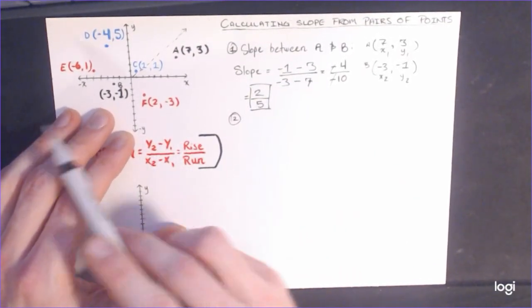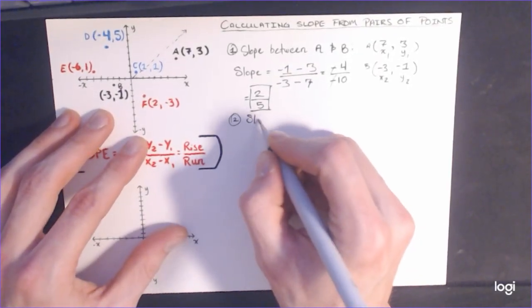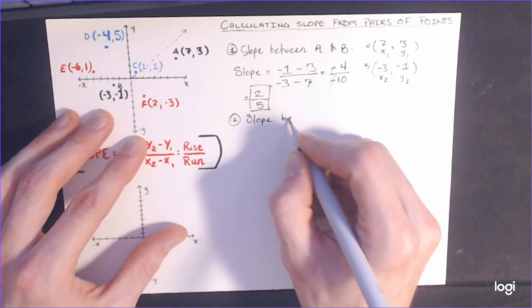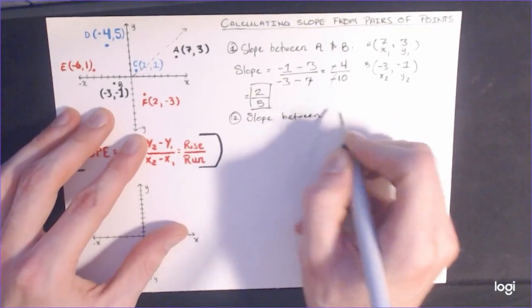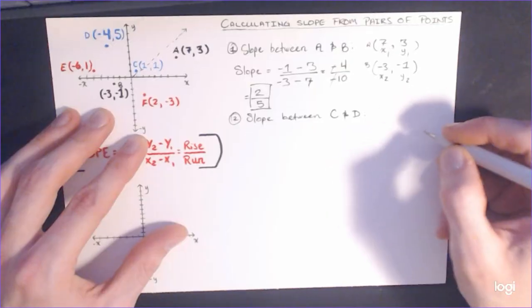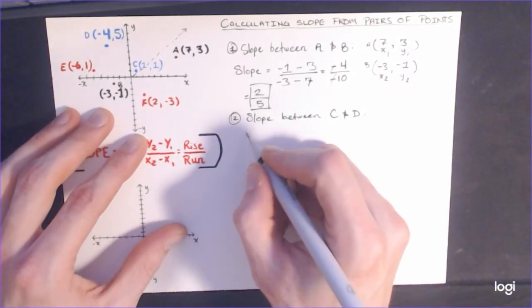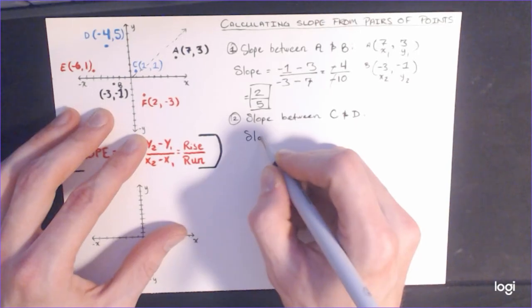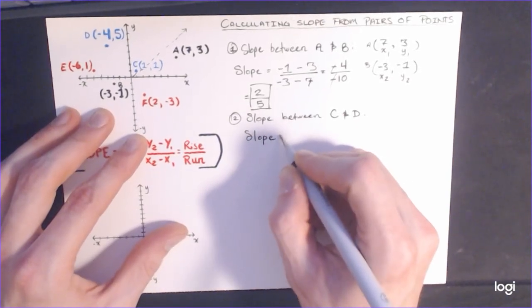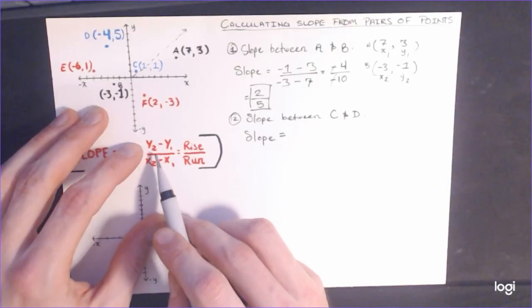Let's do points C and D. So we're going to find the slope between point C and D. Okay, now I'm going to skip rewriting this over here, and we're just going to substitute in the numbers as we rewrite the formula. So again, we're looking at y2 minus y1.